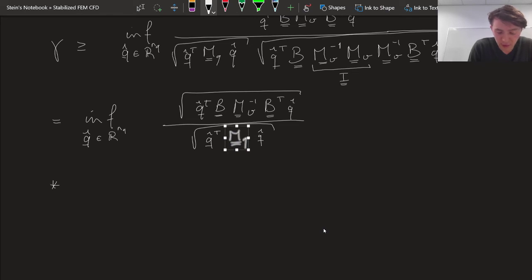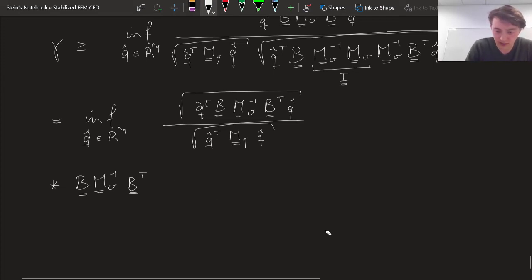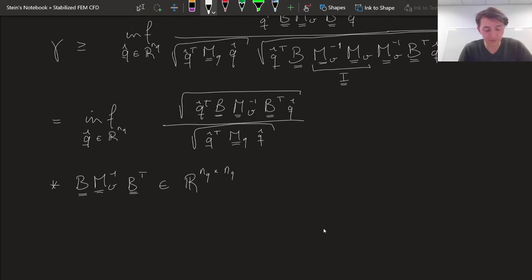So we write that down. We have two properties now. B M_V^{-1} B^T is symmetric. Well, let me also write down, this is a matrix in the space R^{n_Q × n_Q}, right?